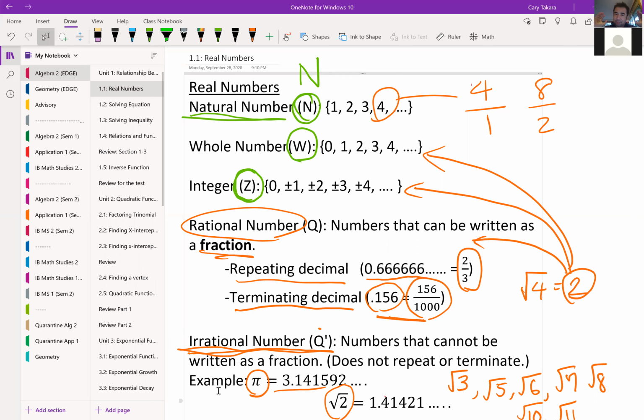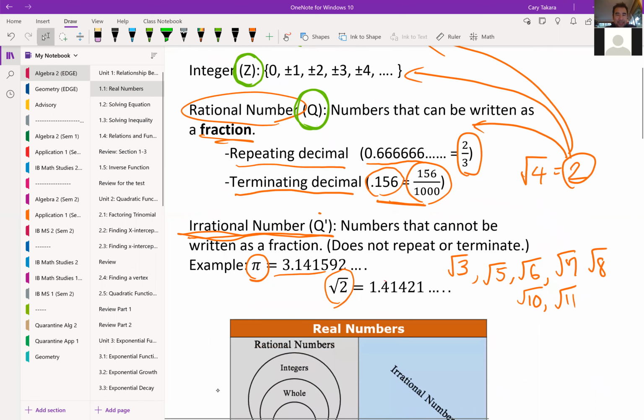Lots of professors and teachers will just use the capital letter Z. And then the rational number is actually not R, but Q. So it is confusing, isn't it? And then the irrational number is Q with a little dash.